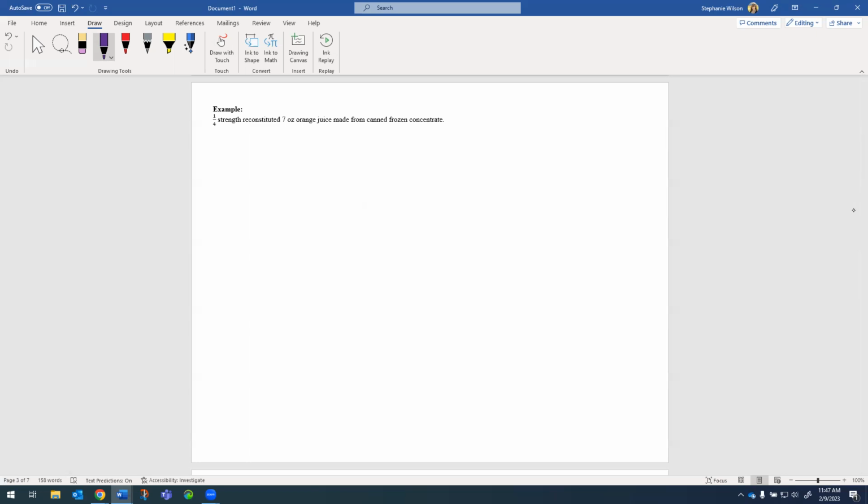Let's just talk about this fraction for a minute. This fraction is talking about a part, right? It's telling you how strong you want it. You want it 1/4 strong. Well, what does that mean? The numerator, the top number, which is 1 in this case, is the 1 part solute. The denominator is the total solution, which makes sense.